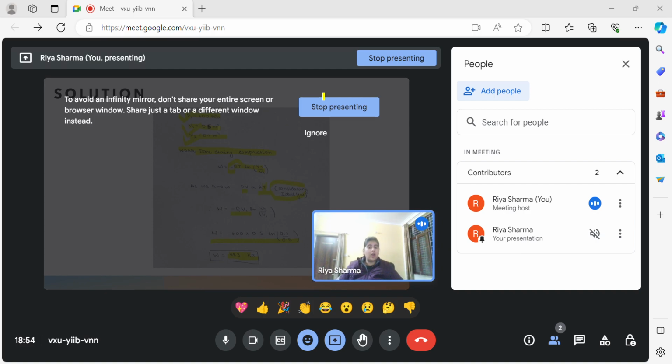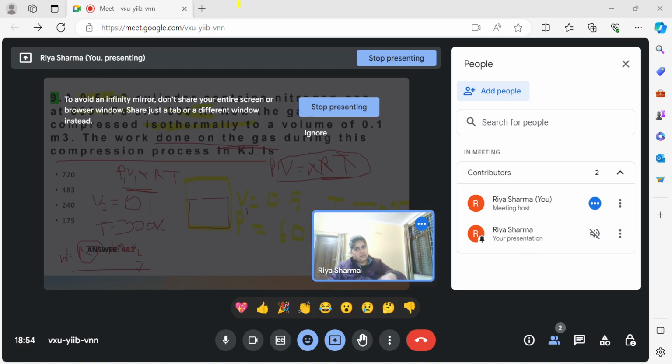Since it's a compression on the system, the work will be positive. The basic thing is that we have compressed the system, work is done on the gas, so the work done will be positive.